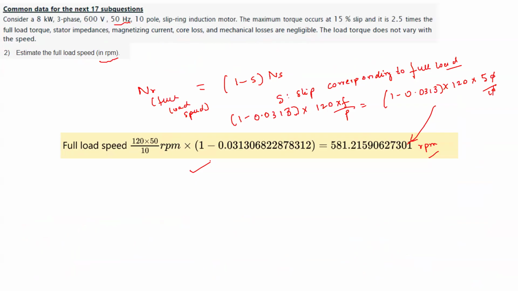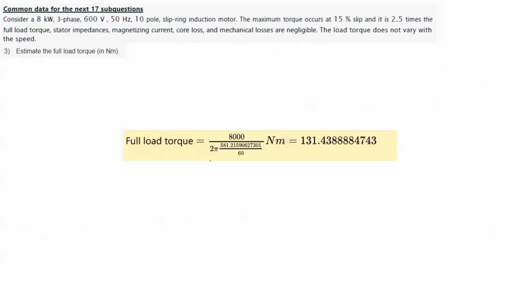Okay. Now, in the next question, you have to estimate the full load torque. Now, what is the full load torque? So, full load torque is basically shaft power by omega r. Sorry, shaft power, not shaft torque.